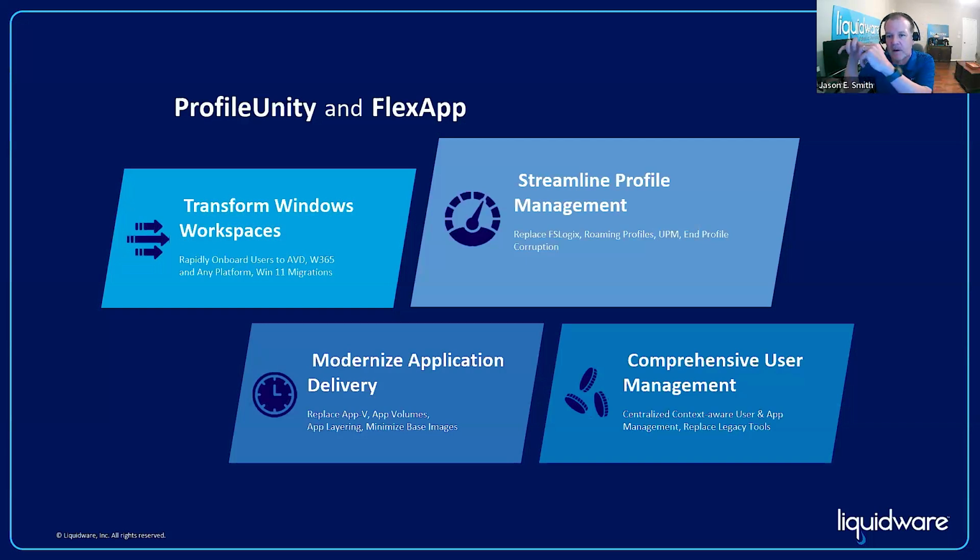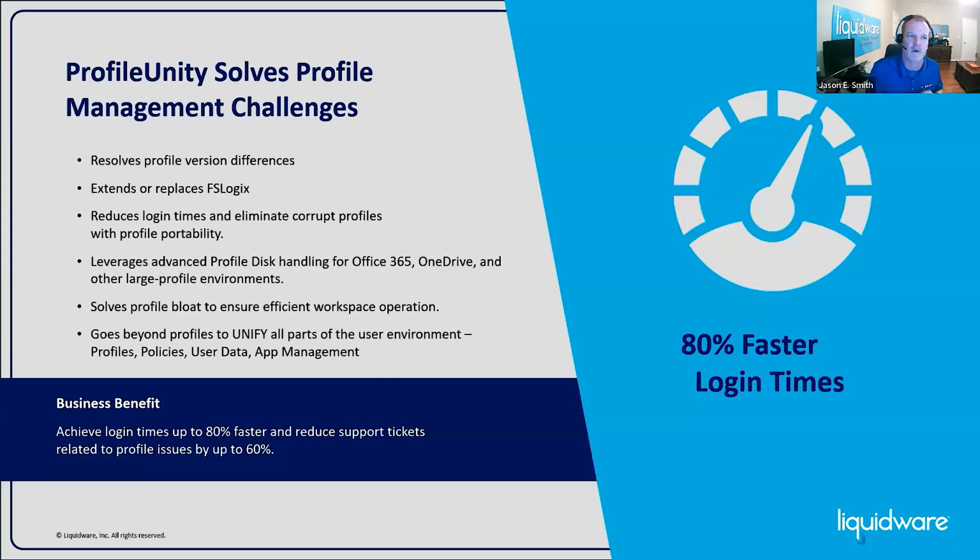Other parts of ProfileUnity bring you the ability to manage user data that we talked about today. Other parts of ProfileUnity also manage applications on a context-aware basis. So that's full user management, unifying all parts of the profile. But today we're talking about the profile piece. It's a small part of ProfileUnity. Everything we spoke about right here in user management is licensed one way. You have access to all of it when you have ProfileUnity. But we're going to focus on profile challenges today for the webinar.